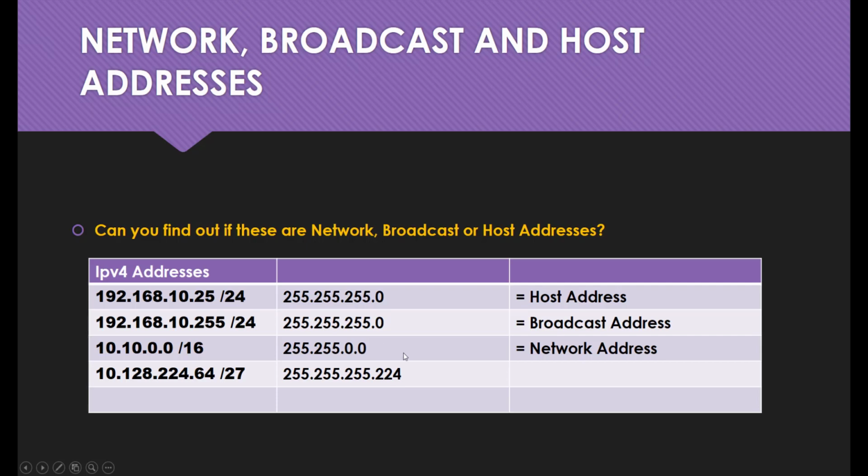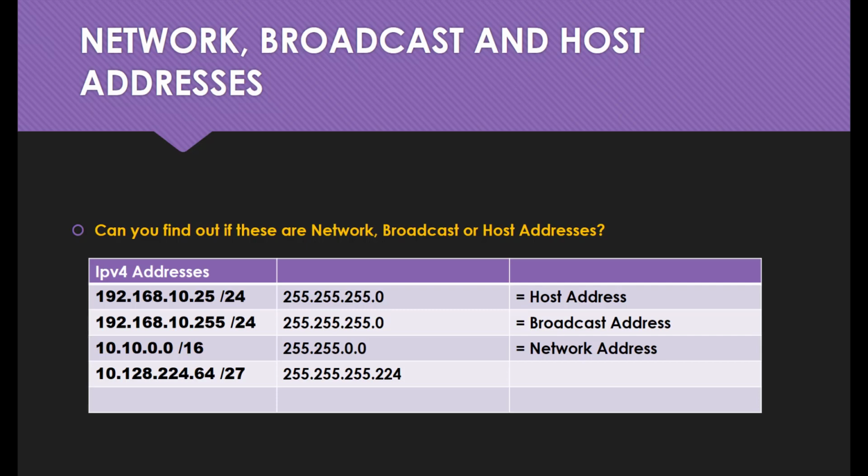Basically, the first method is, since we have 3 network bits in this portion, we use the formula we usually use, 2 raised to power 3, which will give us 8 networks. And what that means is that if we have 8 networks, 256 divided by 8 gives us 32.